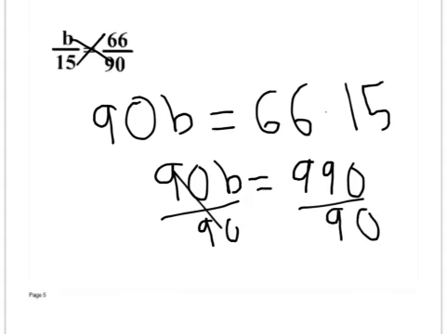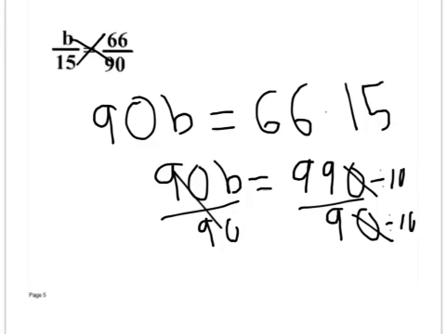We've been doing this. Is that what you're trying to say? Yeah. Okay, we divide by 90 because 90 times b is 990. We got to find what b is to make this true. Well, we could reduce by 10 before we divide. That just eliminates zeros.